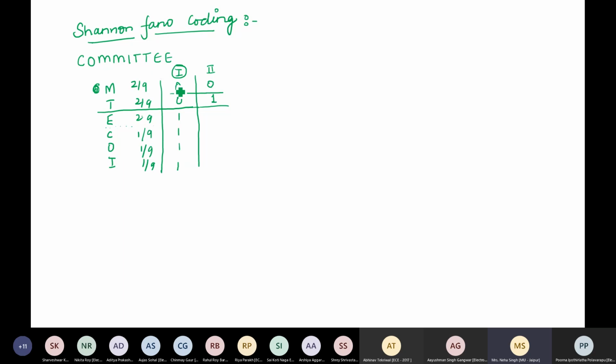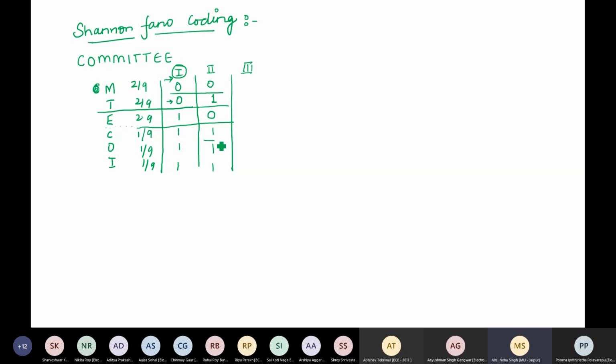Right? So what is the code that is assigned to M? This is now 00. For T, it is 01. For ECOI, I further divide the class into subclasses so that one class gets a 0 in the next step and the rest gets 1. Now this cannot be further divided because this is individual. So now in the third step, I will divide the last 3.